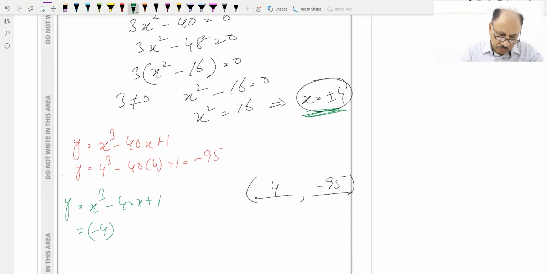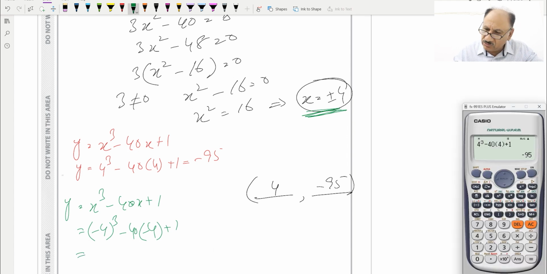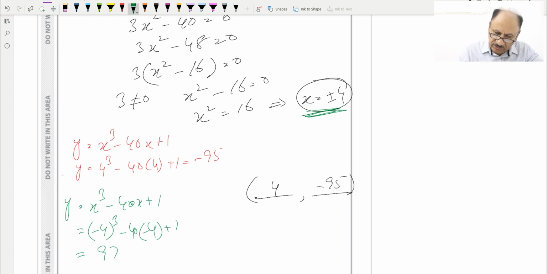So minus 4 cube minus 40 into minus 4 plus 1, and this is equal to 97. So if we are taking this as minus 4, we are getting 97, and these will be the two coordinates of the point.